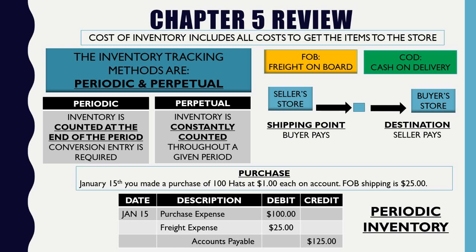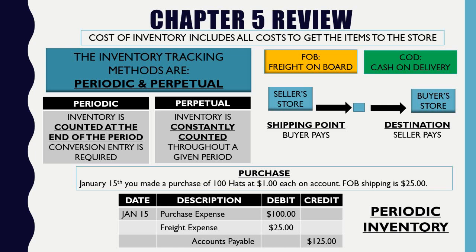Okay, shipping point or shipping origination, or FOB shipping point, is where it comes from the seller store to the buyer store, right? Or to the midpoint. That means the buyer is responsible to pay for the shipping.